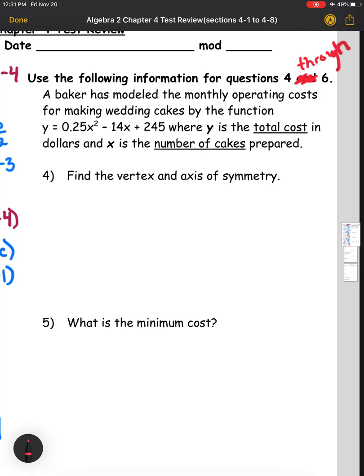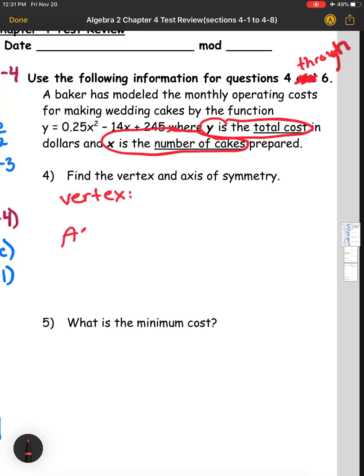Maybe. There we go. Through 6. Questions 5 through 6. So a baker has modeled the monthly operating costs for making wedding cakes by the function shown here, where y is the total cost. That's important. And x is the number of cakes. That's also important.